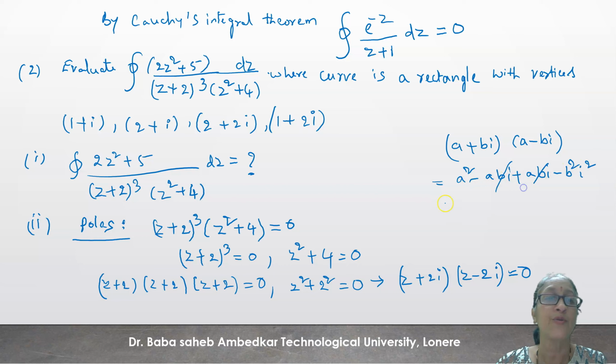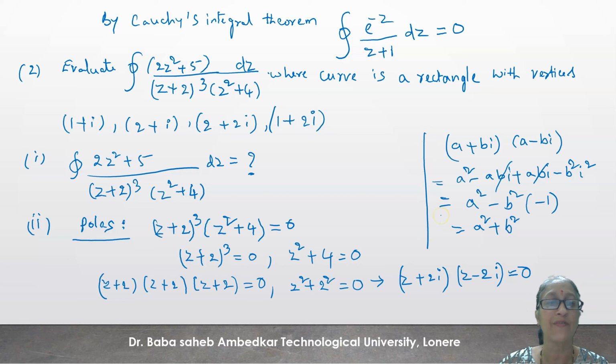These two terms get cancelled, and we get a square minus b square into i square, which is minus 1, so we get a square plus b square. So if you find a square plus b square in any question and want to factorize it, you can write (a plus bi) into (a minus bi). So z square plus 2 square is nothing but (z plus 2i) into (z minus 2i).